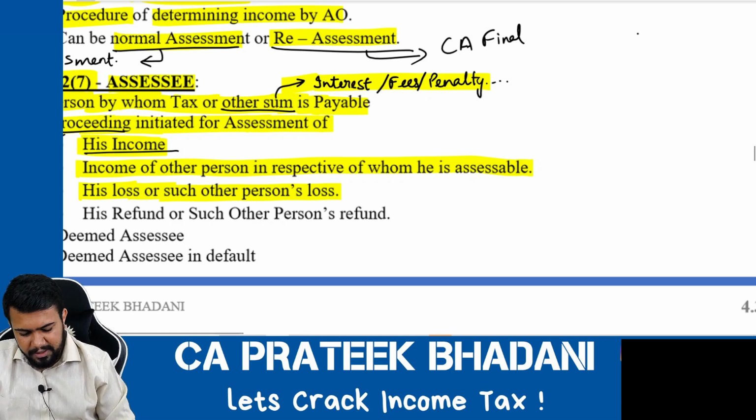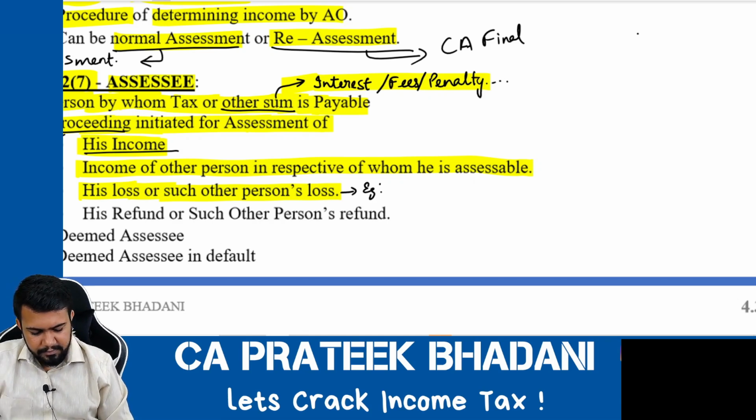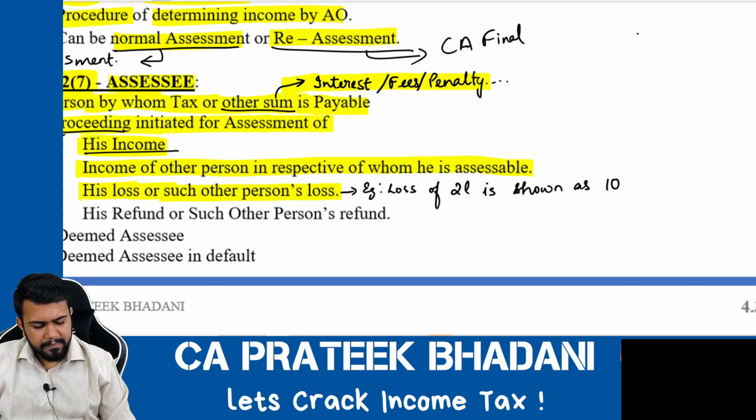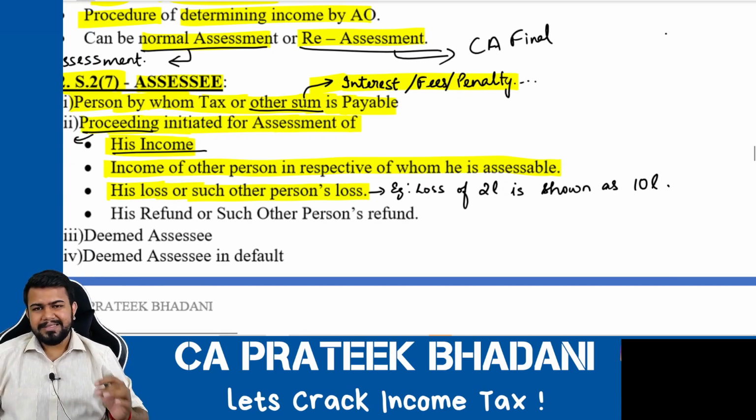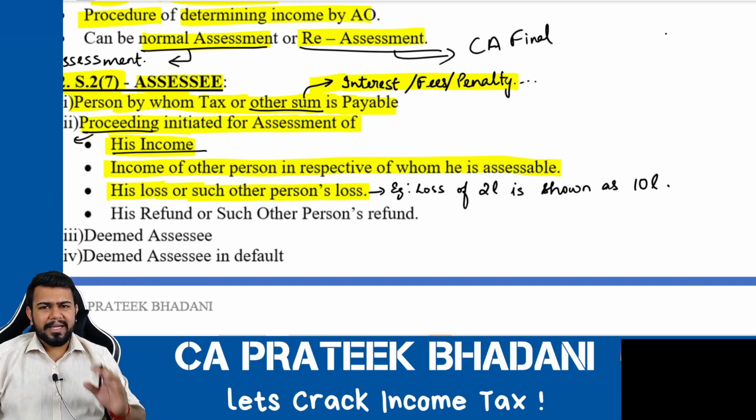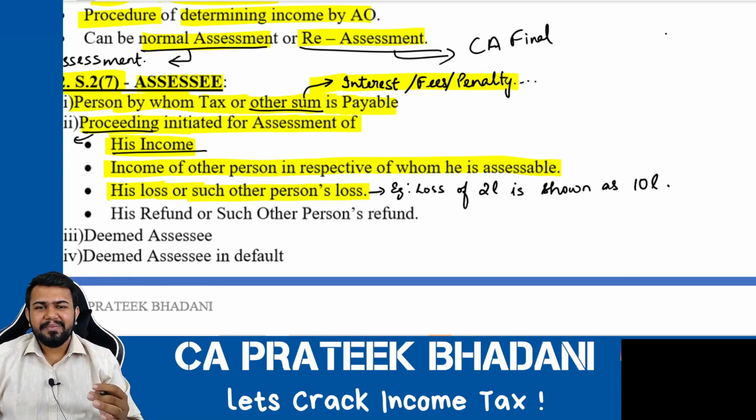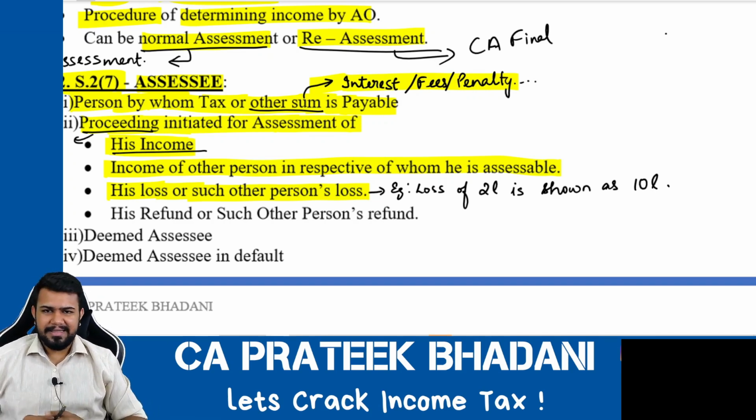Overstating loss means, for example, a loss of 2 lakhs is shown as 10 lakhs. My actual loss is only 2 lakhs, but I am telling the department that my loss is 10 lakhs. Now the assessing officer will obviously feel suspicious and he will start a proceeding against me. In such case, I will automatically become an assessee.